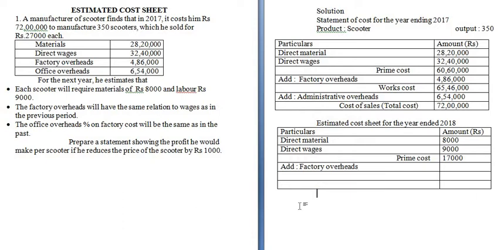So next line, leave some 4-5 lines and take down working note number 1, that is calculation of factory overheads. Okay, so next line you can write what they have given.